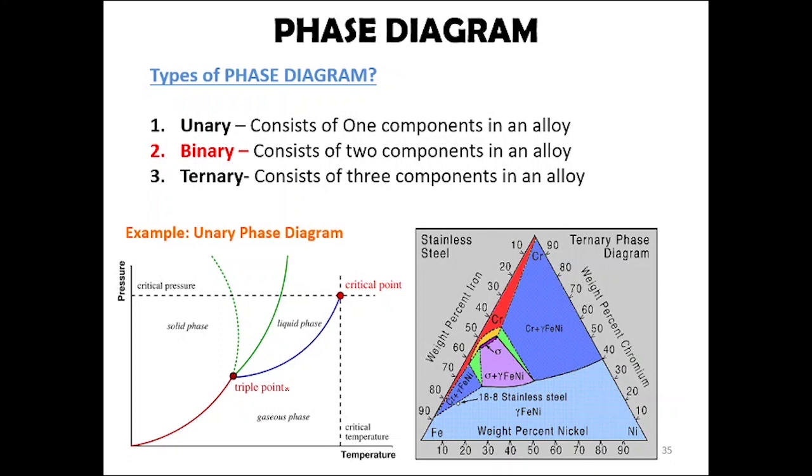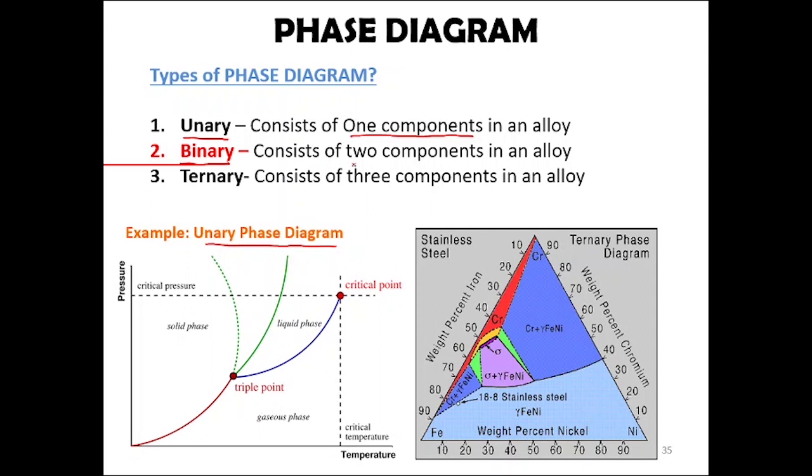Generally, there are three types of phase diagram. The first one is unary phase diagram. It consists of one component in an alloy. An example of unary phase diagram is shown in this slide. The second one, we have binary phase diagram.